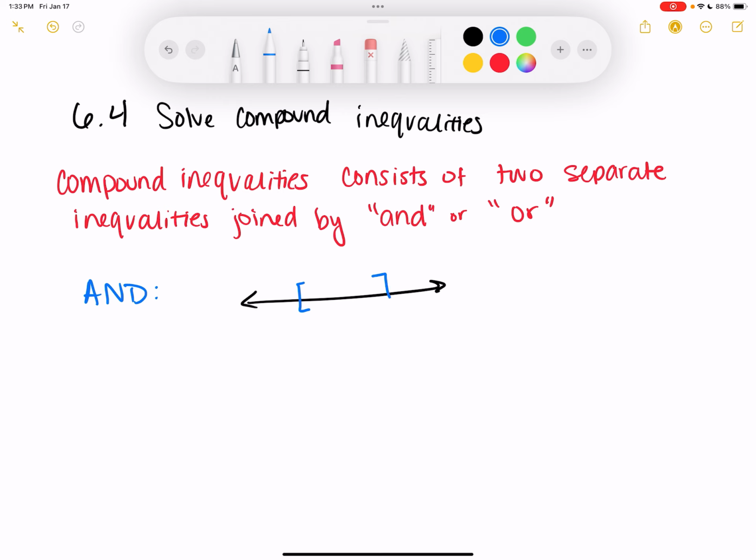And it will be filled in between. If it's an or graph, it will instead be opposite. I'll do this one with parentheses. Again, brackets, parentheses aren't going to make a difference. And so it would be facing opposite.